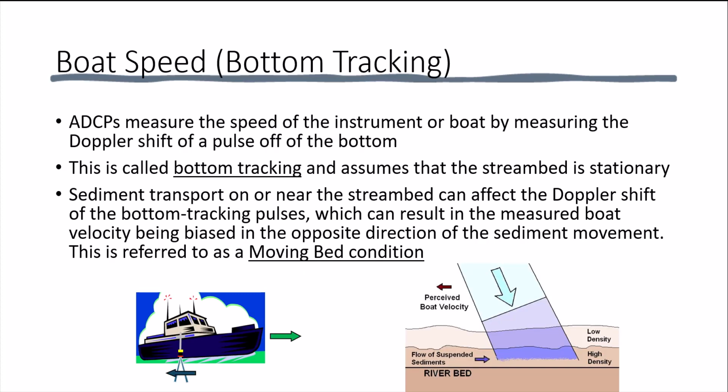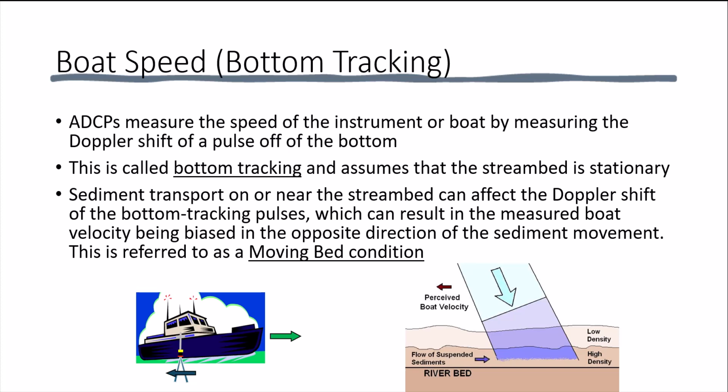In addition to measuring the water speed using the Doppler shift, the ADCP can also measure the speed of the instrument or boat by measuring the Doppler shift of a pulse off the river bottom. This is called bottom tracking and assumes the stream bed is stationary. Bottom track acoustic pulses are separated from water track pulses. Bottom track pulses can be long, up to 20% of the depth.